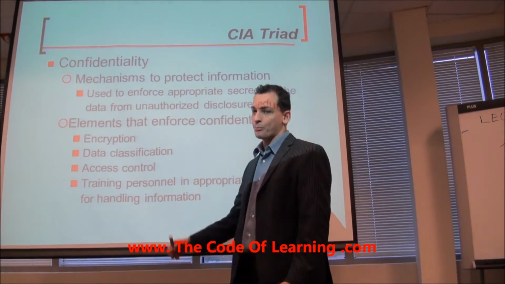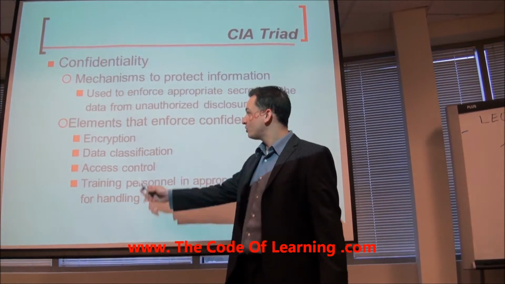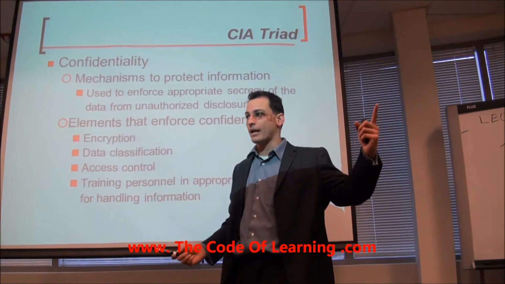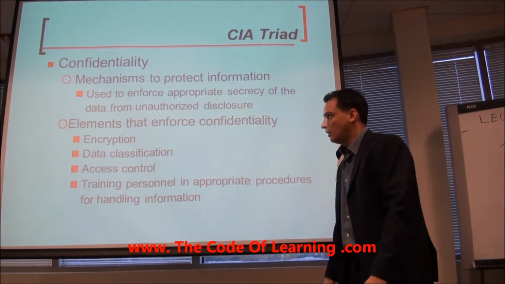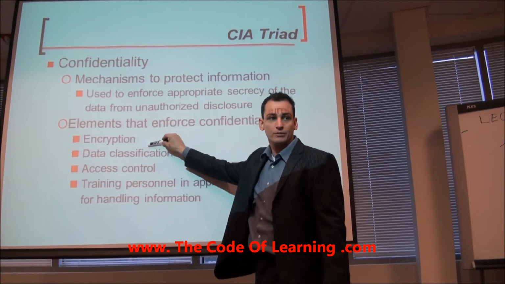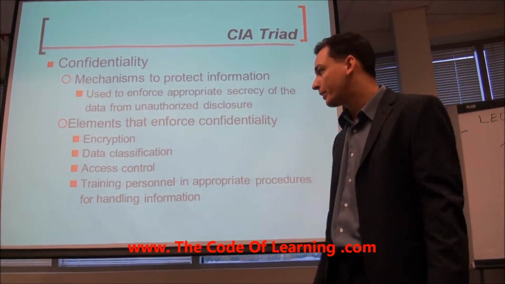In your practice test questions, they don't always come out and say confidentiality. But they will say you need to protect against unauthorized disclosure. And you need to go, oh, wait a second, that's a CIA triad keyword, and that goes in here. And so we can protect confidentiality with encryption. If you encrypt something, it prevents unauthorized people from being able to view it.